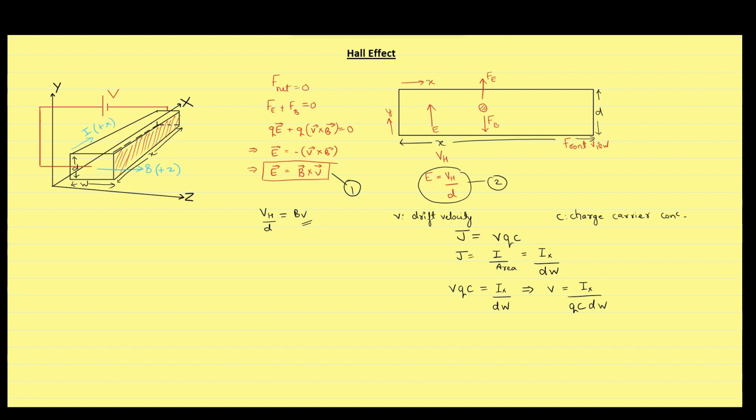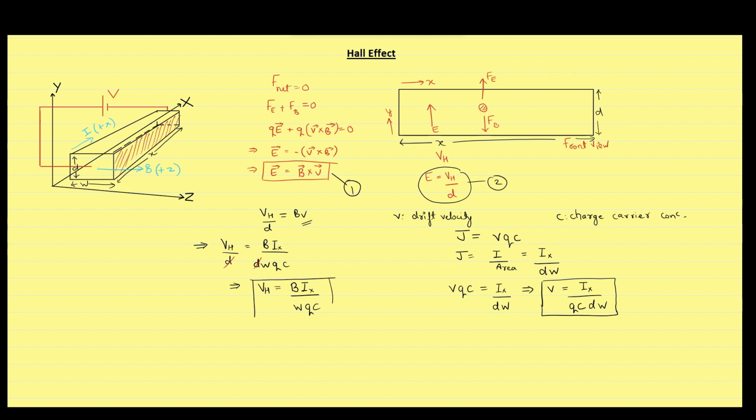Now we will put this value of drift velocity in the Hall voltage equation. Then we will get, this d will cancel, and we have the magnitude of Hall voltage to be equal to magnetic flux density multiplied by current divided by width of the semiconductor into the charge on a charge carrier multiplied by charge carrier concentration.